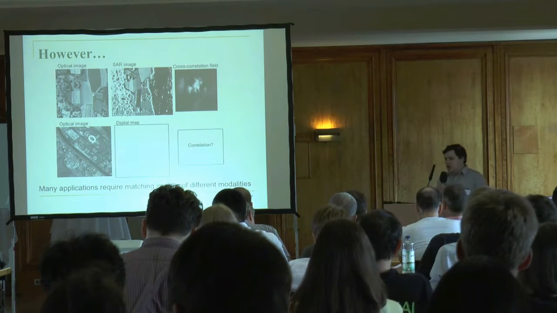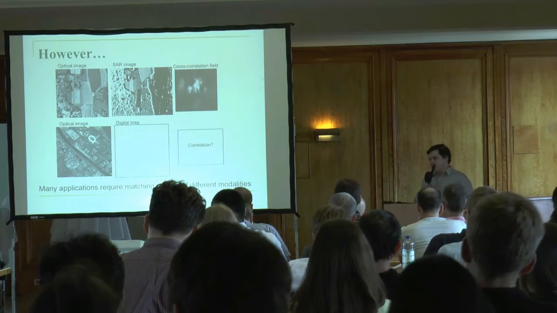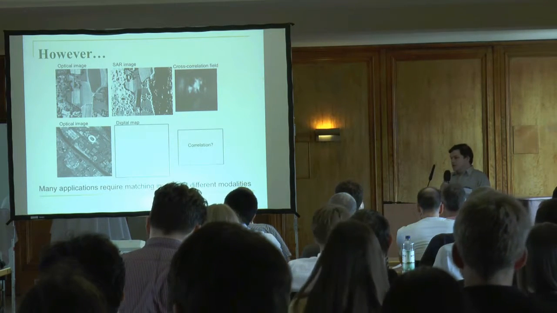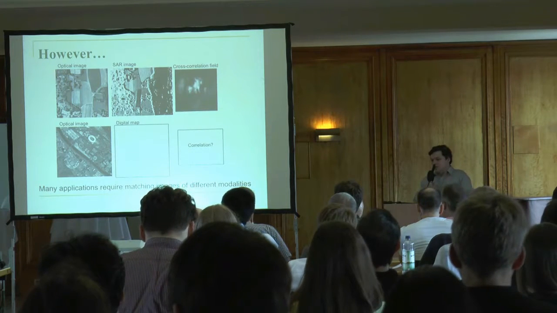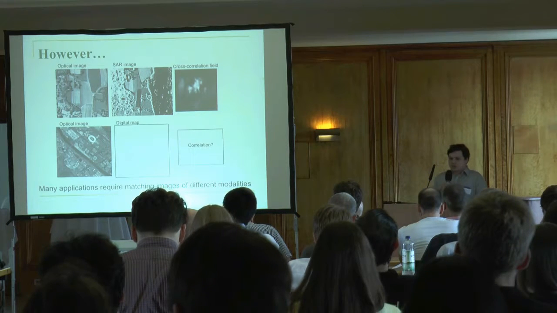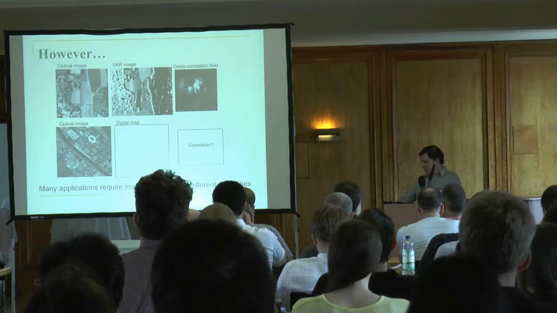And if you try to match such images as common images and, for example, digital maps, then correlation methods will also not work. So it seems that the problem is in nonlinear transformations of brightnesses.